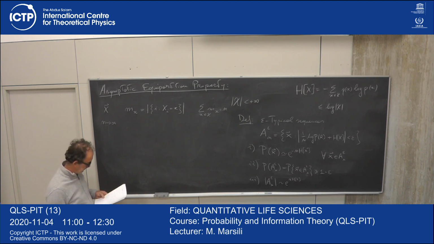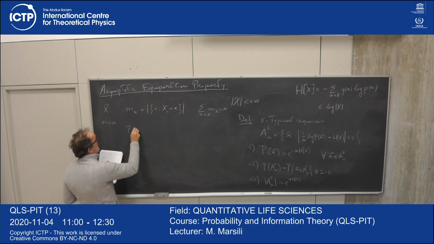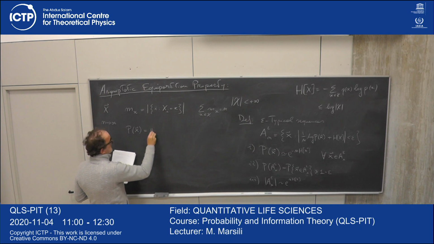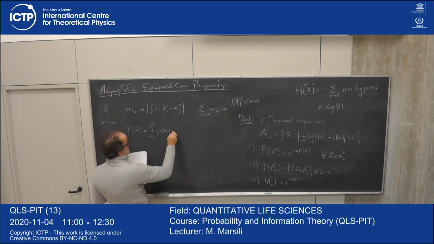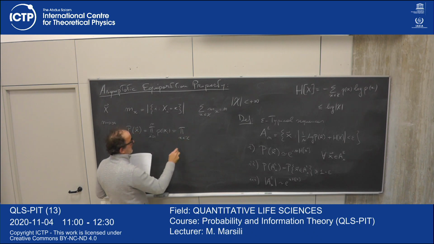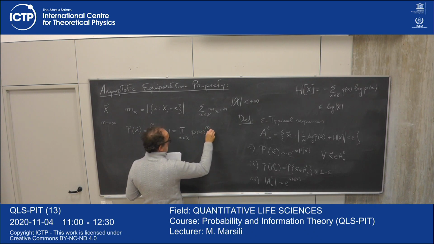Now, what is the probability of a typical sequence? So, one aspect is that the probability of a typical sequence can be written in this way. But this can also be written as the probability of x as a product over x of p of x to the m of x.